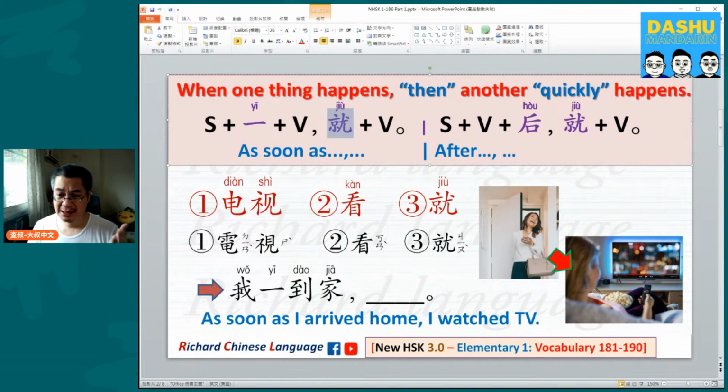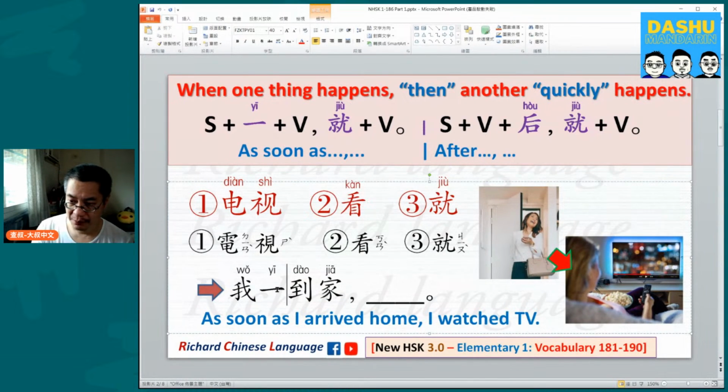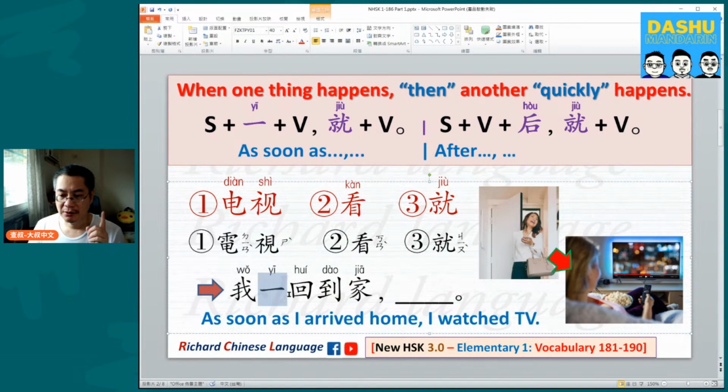Let's practice it. 我一到家. Okay, I add a 回. 我一回到家. As soon as I arrived home, 一……就…… 电视, TV, 看, to watch, 就.